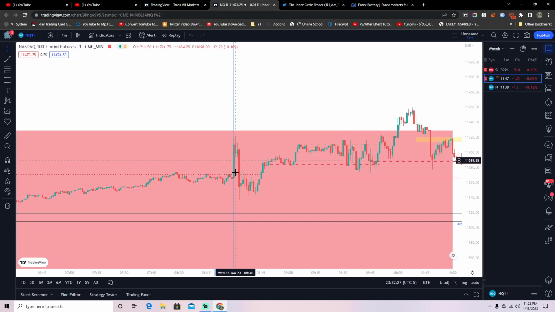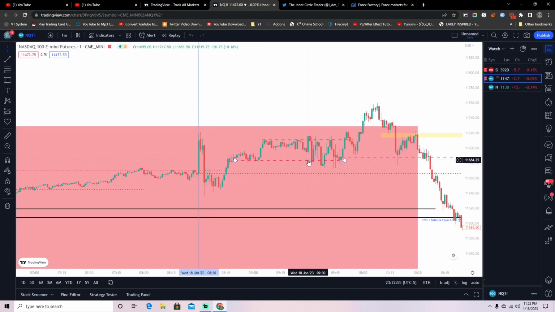Initial open at 8:30, massive displacement on the 1 minute because of the news event, most likely, okay? We have this move lower, fair value gap created right here, where price was delivered inefficiently. It trades back into that, so it delivers it efficiently. We have these relative equal highs created. Price takes that buy side liquidity and continues higher, okay?